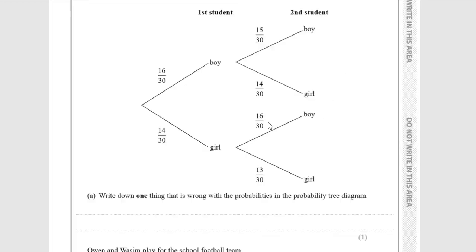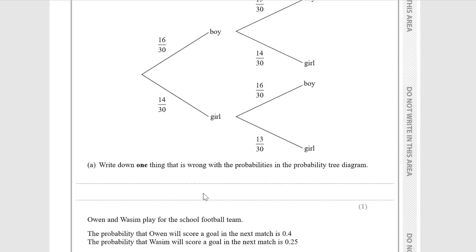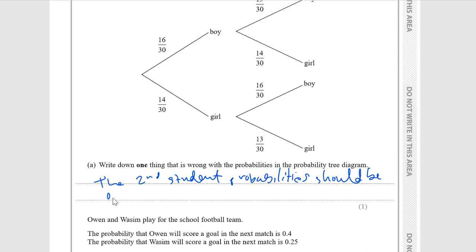So we can say the second student probabilities should be out of 29. So essentially the denominators should be out of 29.